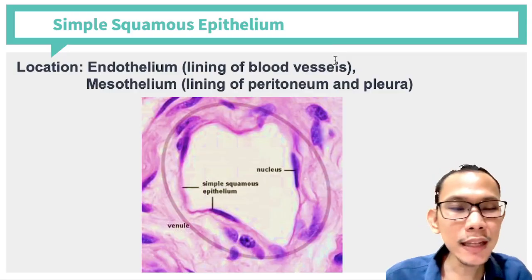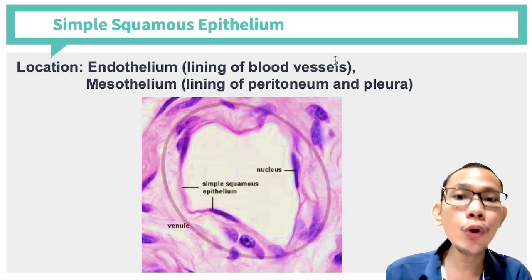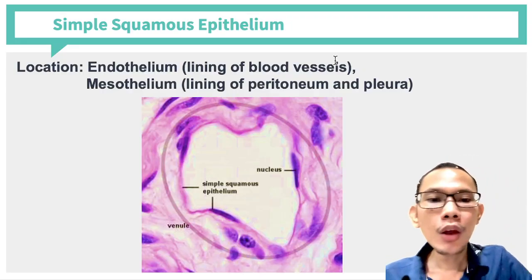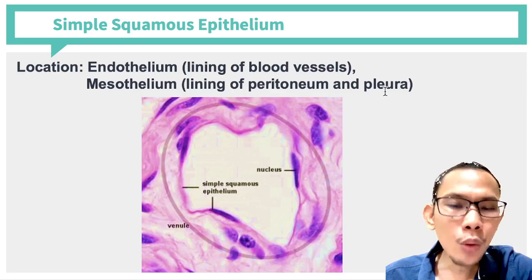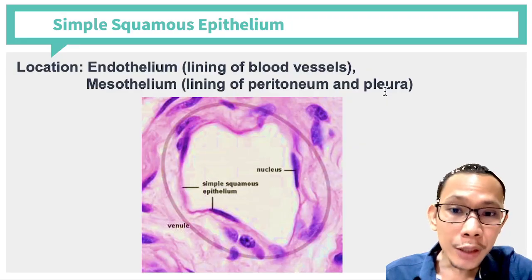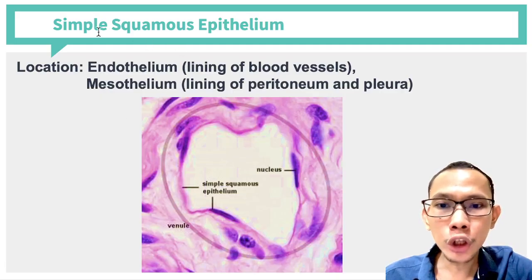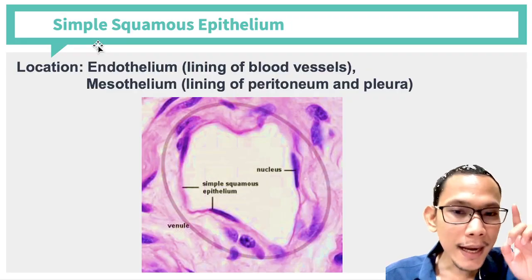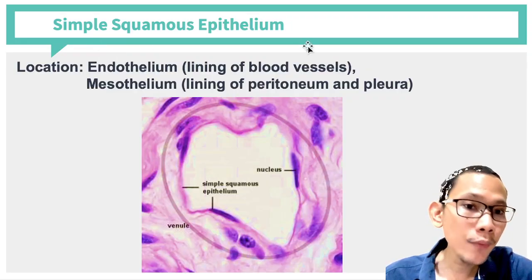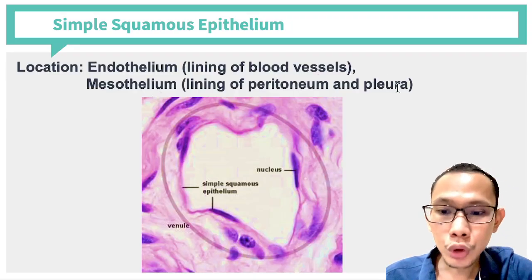The lining of your peritoneum and your pleura is your mesothelium or simple squamous. Again, endothelium and mesothelium are synonymous to simple squamous. Kaya lang, ang endothelium is specific to blood vessel, mesothelium specific to peritoneum and to your pleura.